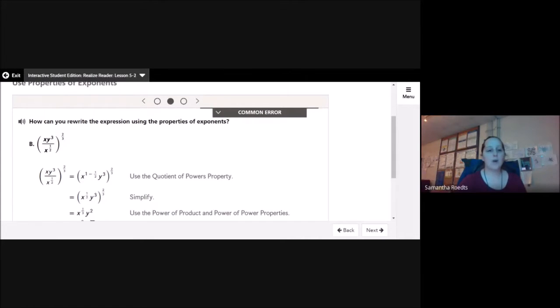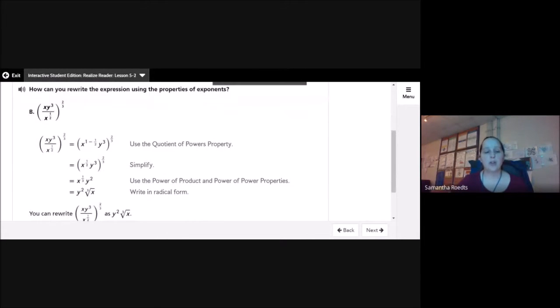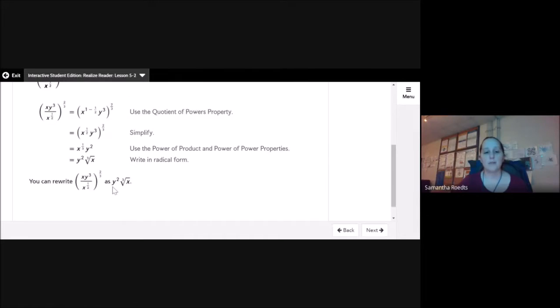I simplify that. 1 minus 1/2 is 1/2. Okay, then I use the power of product and power of power properties. So 1/3 times 2/3 gives me the cube root of x and y squared.